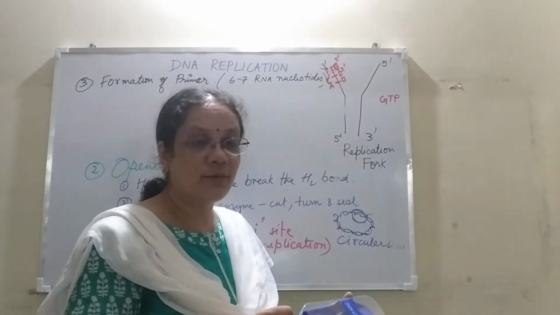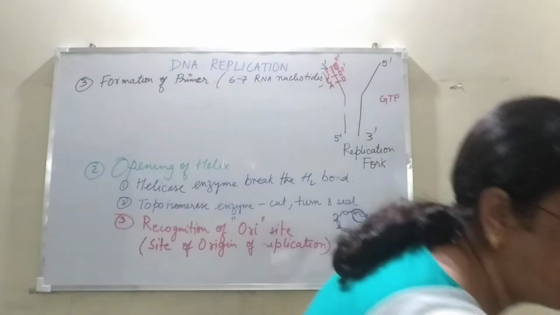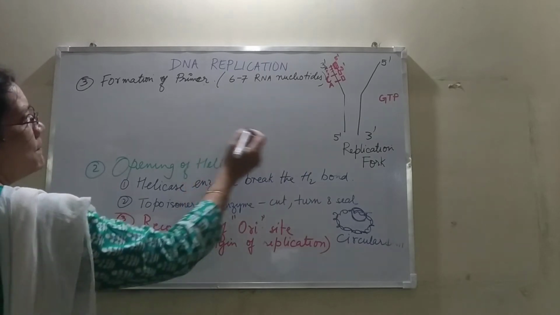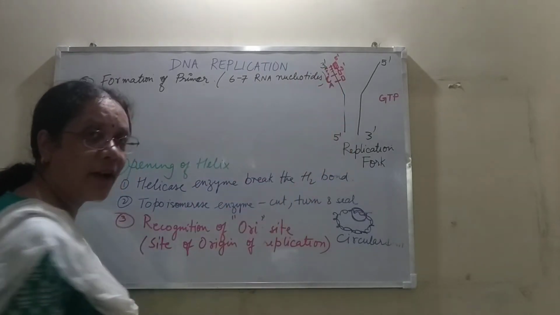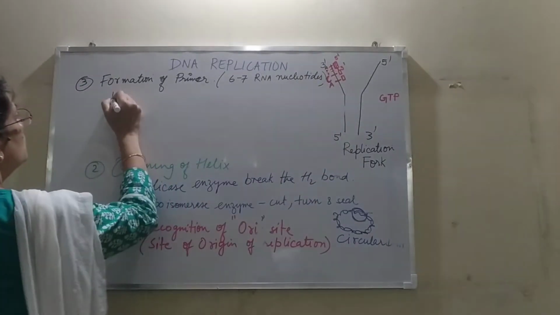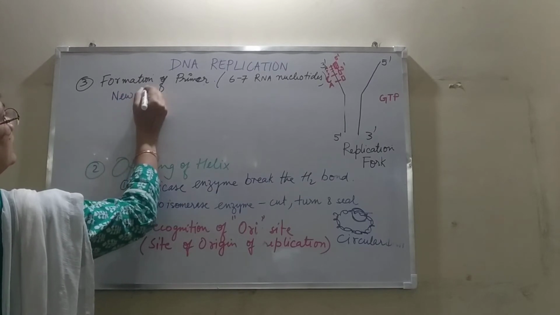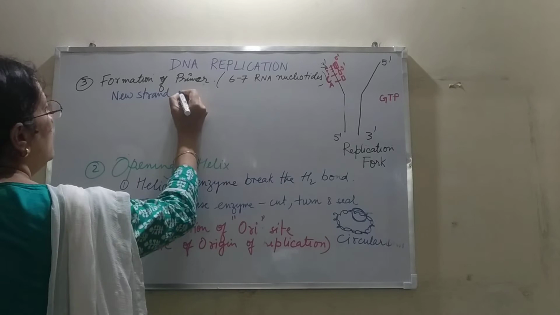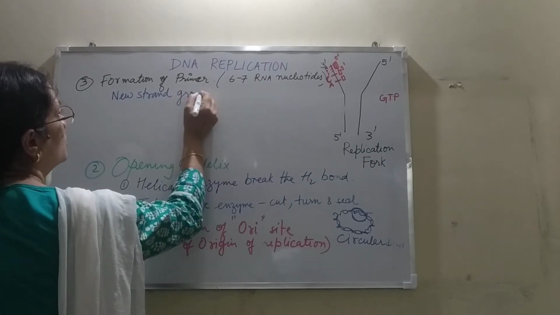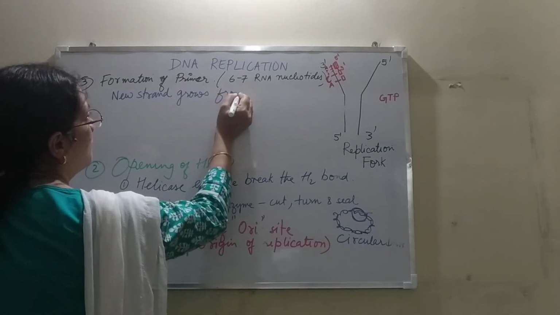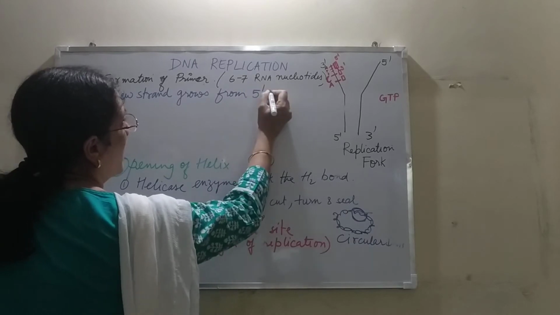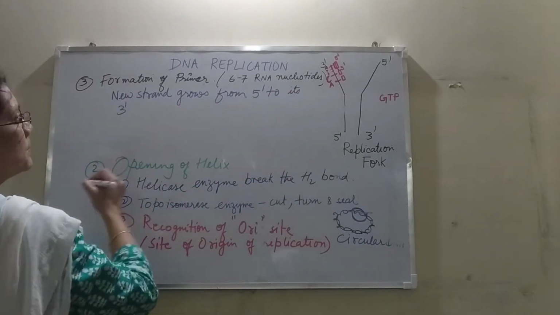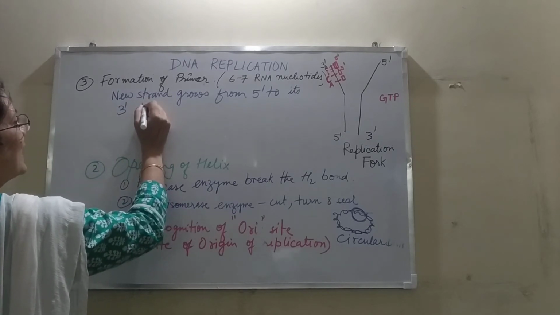Now here it is very important to remember one thing, that the parent strand was 3 to 5. The new strand that is being formed grows from 5 prime to its 3 prime direction.